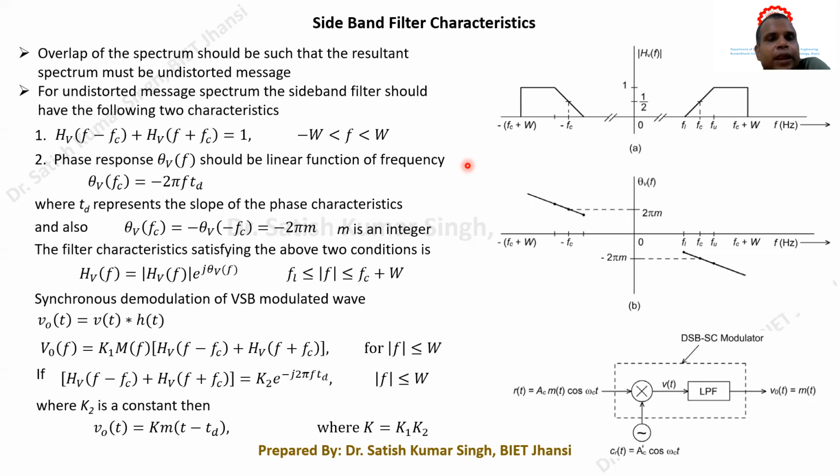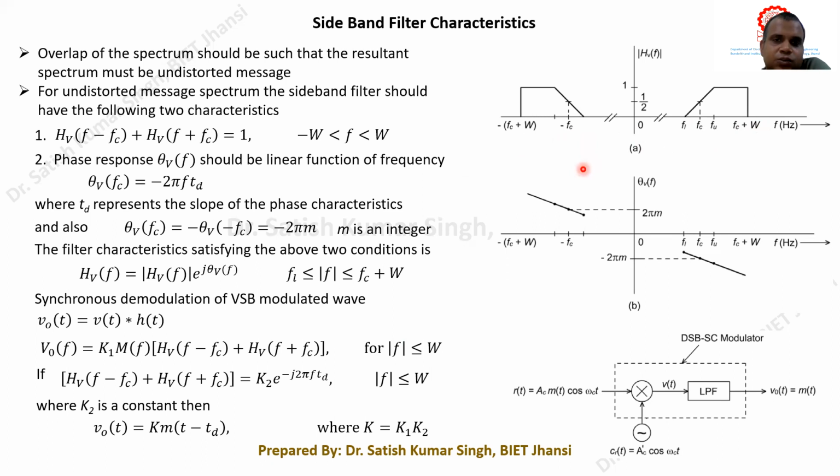We have to look at what the characteristics of the sideband filter should be to give a VSB spectrum that we can demodulate by using the coherent demodulation scheme, with the output being our message signal. So for our message to be demodulated properly by the coherent demodulation scheme, we need this type of filter characteristics.